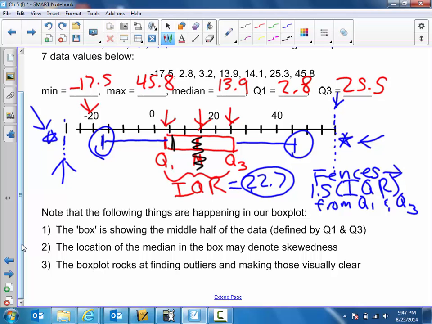If, on the other hand, the median was right over here, let's say that we didn't have this guy at all and the median was really close to quartile 1, that would mean that about the bottom 25% of the data would be in this range.